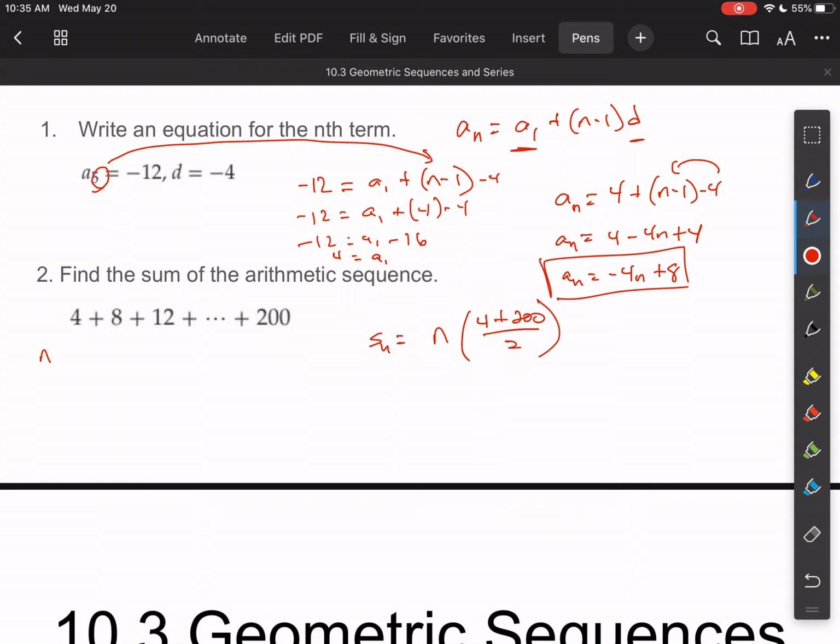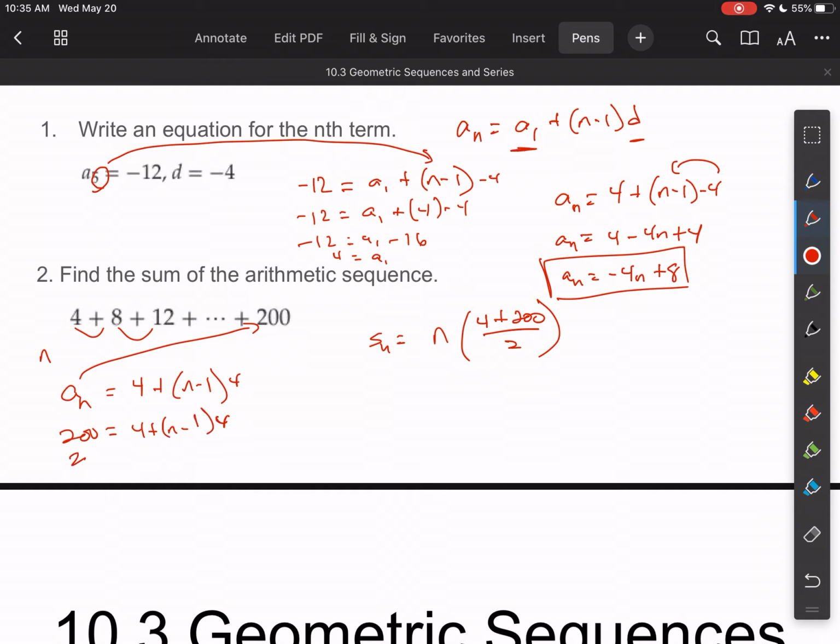All right, so we need to find n. We know that a sub n is equal to a sub 1, which is 4, plus n minus 1 times d. Common difference here appears to be 4, right? So I can use this information now. I know that a sub n is 200, so the nth term in this case is 200, is equal to 4 plus n minus 1 times 4.